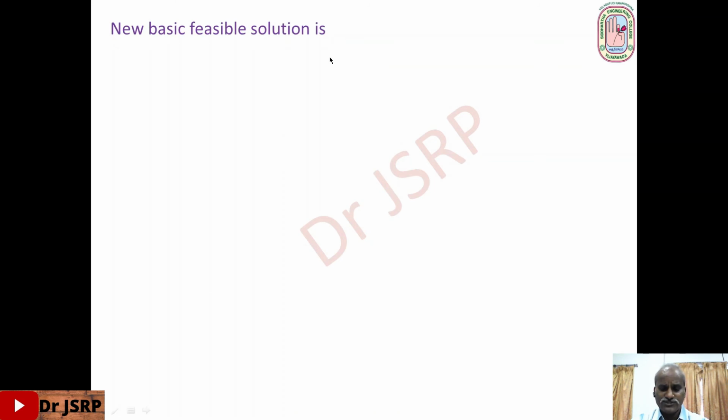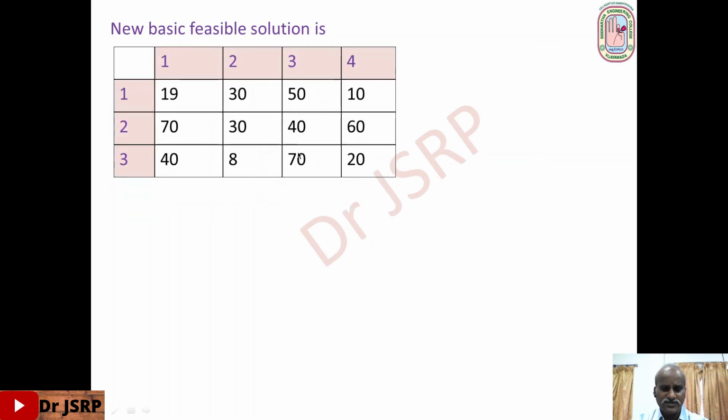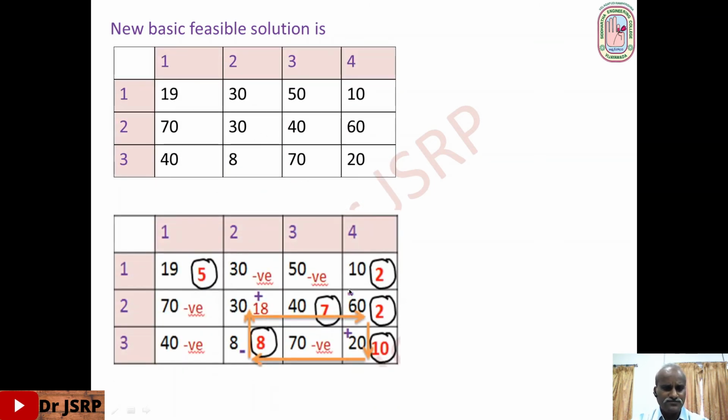So the new basic feasible solution is: take the empty table, consider the previous table. Here add 2 to positively signed cells. This is a positively signed cell, the entering basic cell. In the previous table it is a non-basic cell, allocation is 0. Add 2 to this cell, that is 2. Another positive cell is this cell, previous allocation is 10, add 2, 10 plus 2, 12.